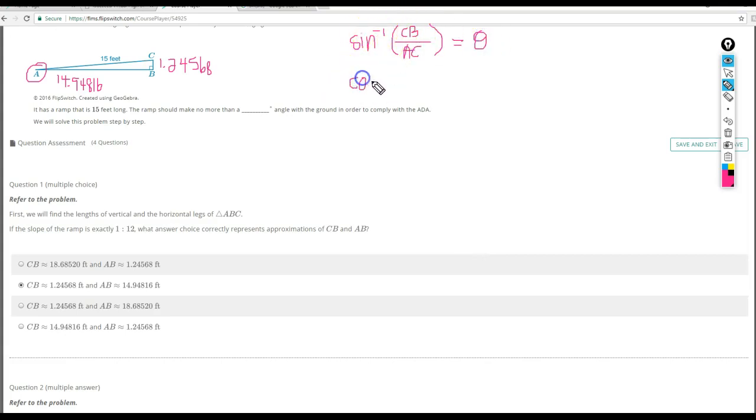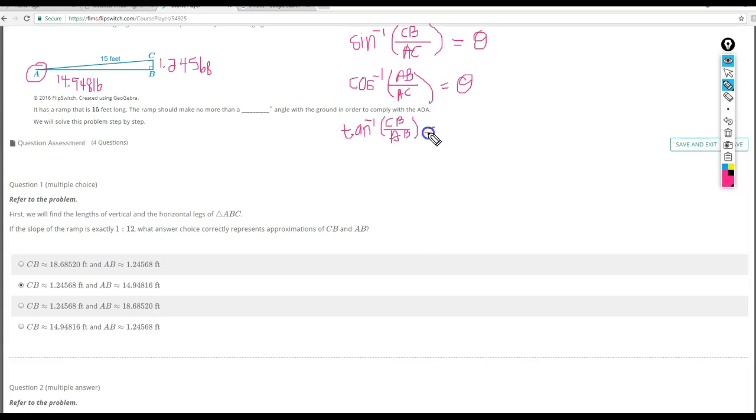Or I could set up cosine inverse, where cosine's ratio is adjacent, which would be the length of AB, divided by our hypotenuse, length AC, and that's going to equal our angle. Or we could set up the tangent inverse ratio. Tangent inverse is going to be opposite, side length CB, divided by adjacent, which is side length AB.